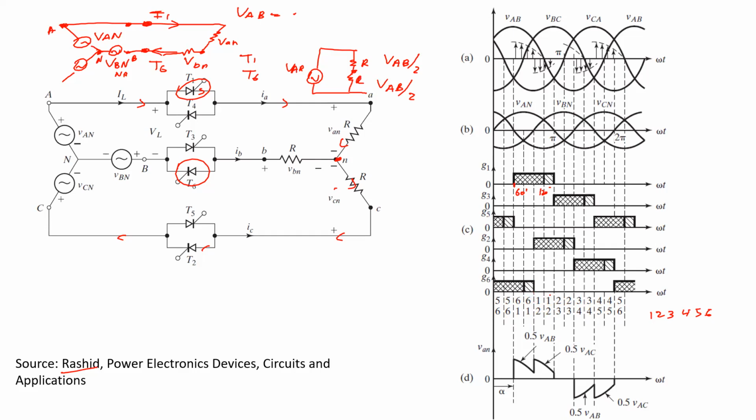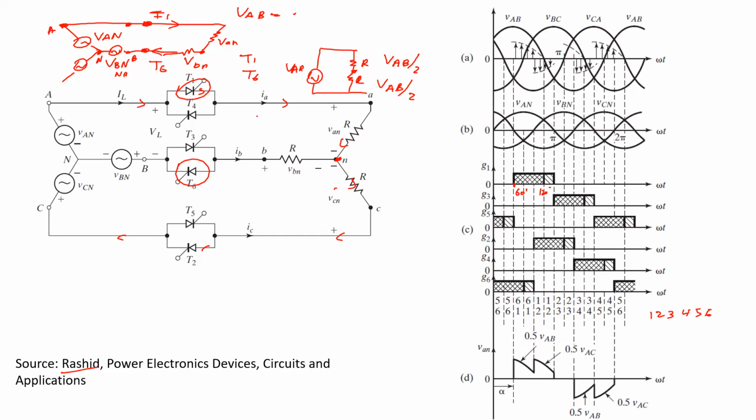This is a little bit harder to understand, but go home and do some exercises, you will understand. When we are doing this practically, you fire thyristors in this order, so it will automatically generate these outputs. That's what you should understand.